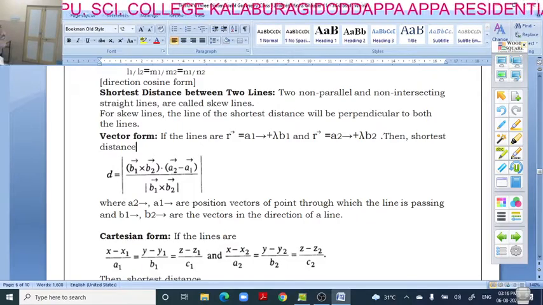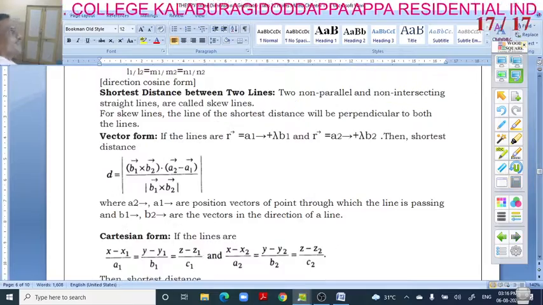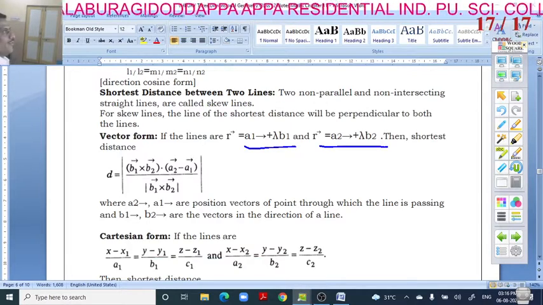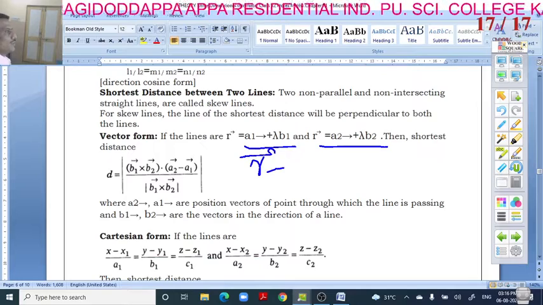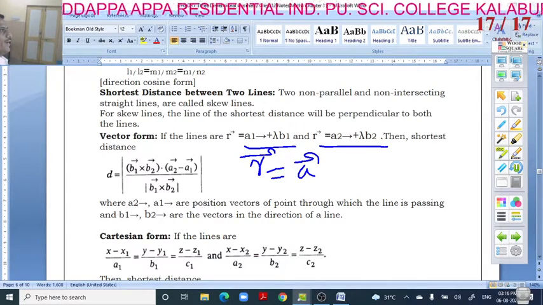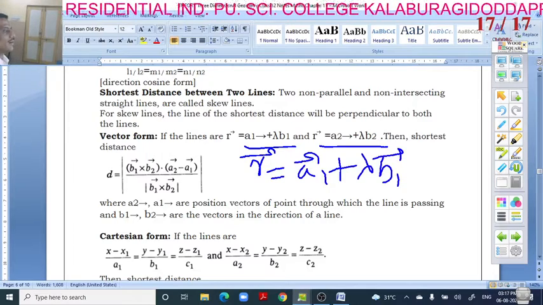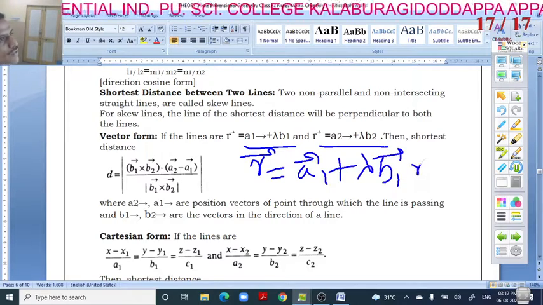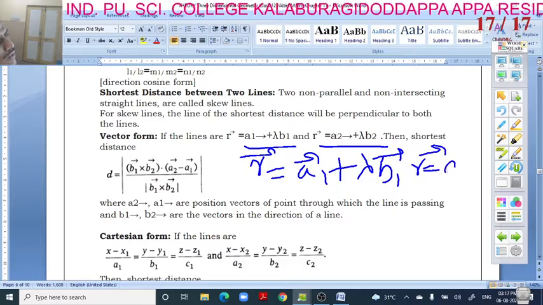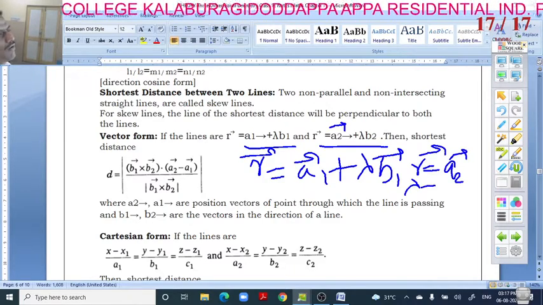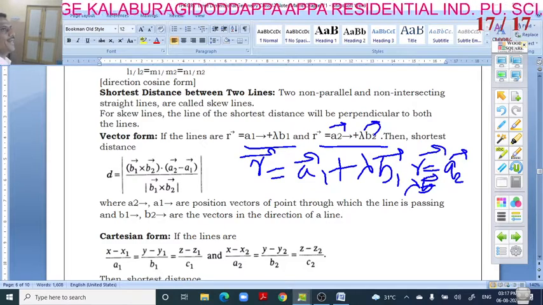Here, next, the shortest distance between the two lines. One line is this, another line is this. Vector R is equal to vector A1 plus lambda times vector B1. Next, another line is vector R is equal to A2 plus lambda times vector B2.